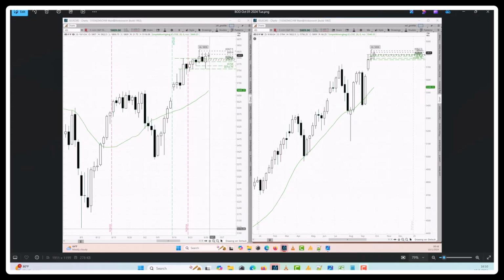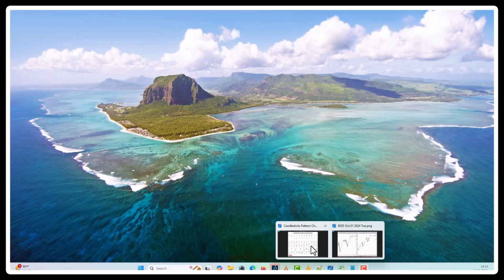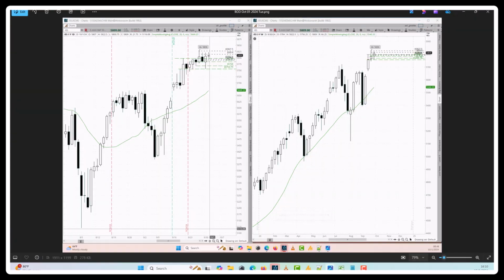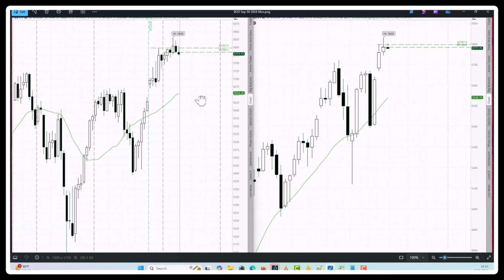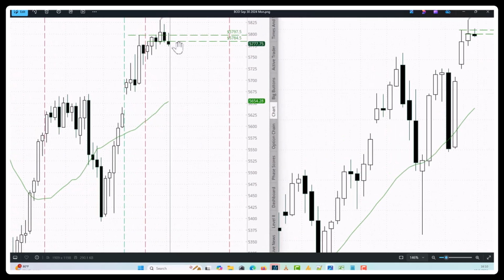Let's see. So at the end of the day yesterday, it started like that, right? At the beginning, it looked like it was going to sell off. Yeah, it looked like it was going to break. You see that? It's going to break.